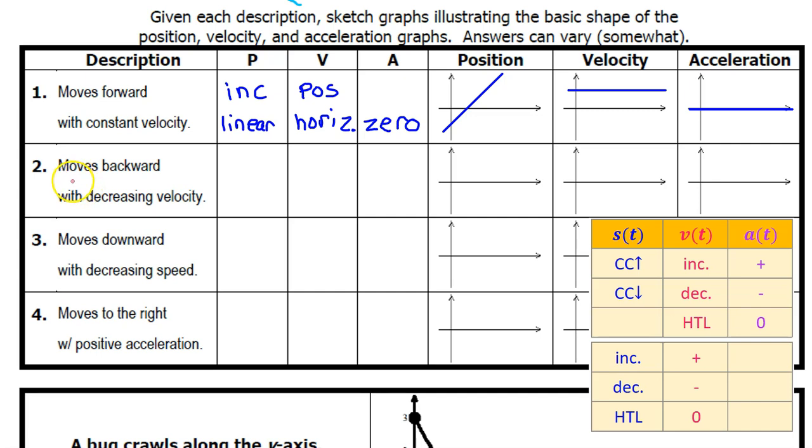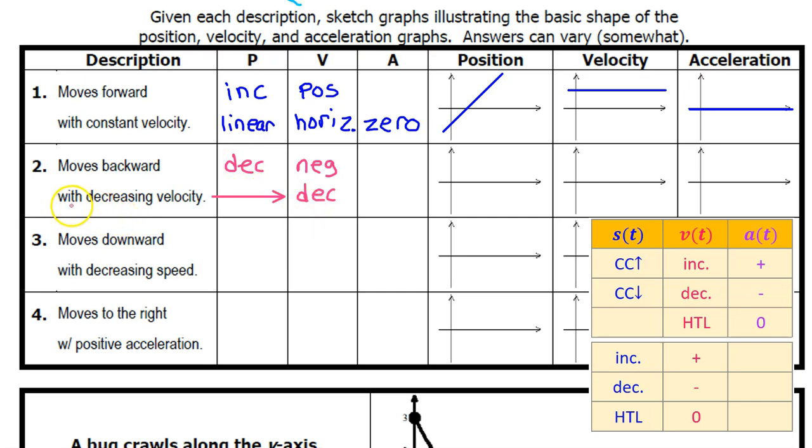Number 2, moves backward with decreasing velocity. The sign of velocity indicates direction, so moves backwards means velocity is negative. If velocity is negative, we know the position function is decreasing.